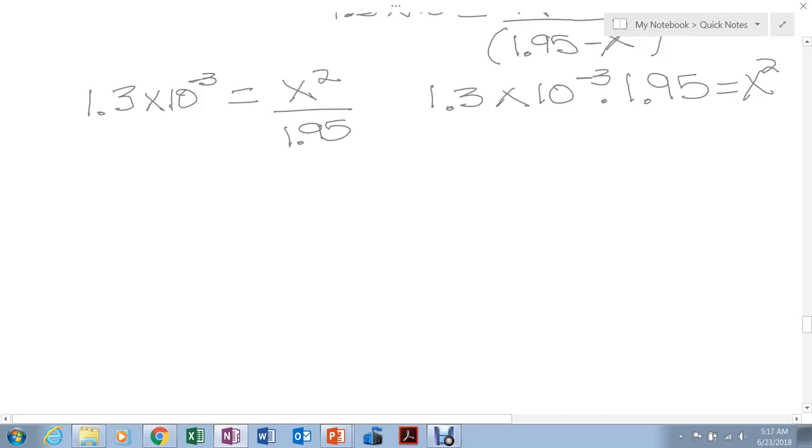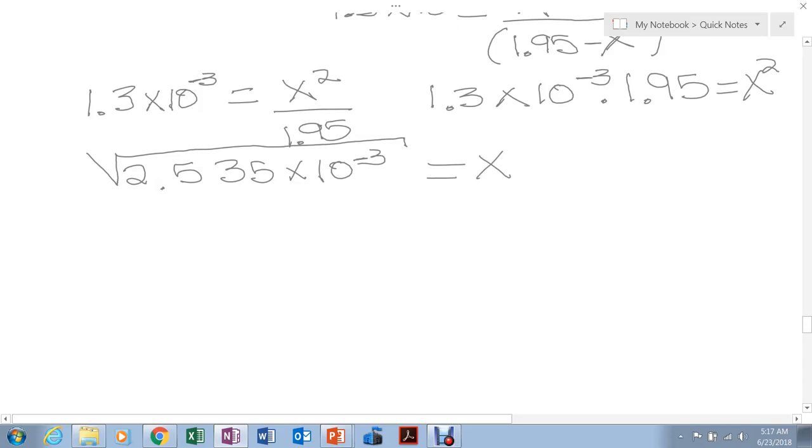So this is 2.535 times 10 to the negative 3 equals x squared. I take the square root on both sides.